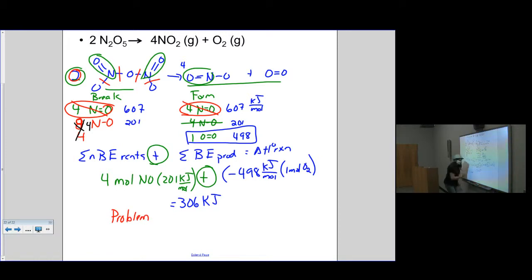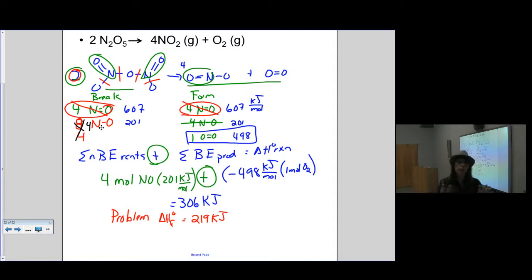When we calculated this using the delta H of formation tables, that value came out to be 219 kilojoules. So what's the difference? Well, the difference is bond energies are averages of all sorts of bonds.